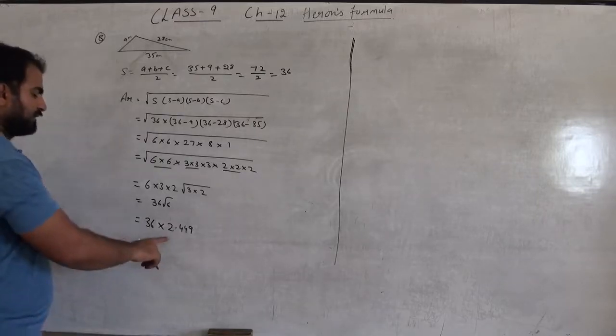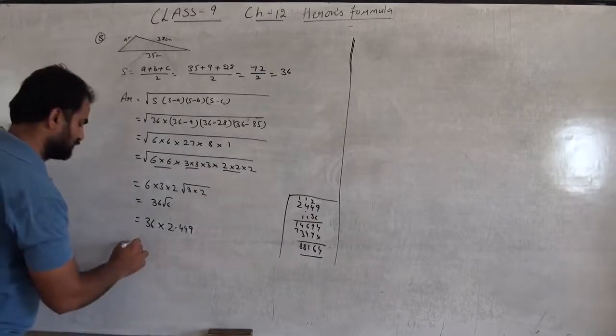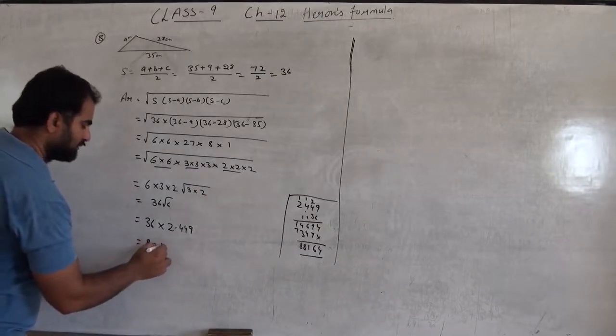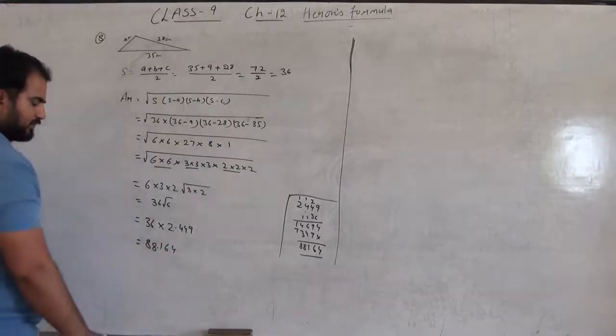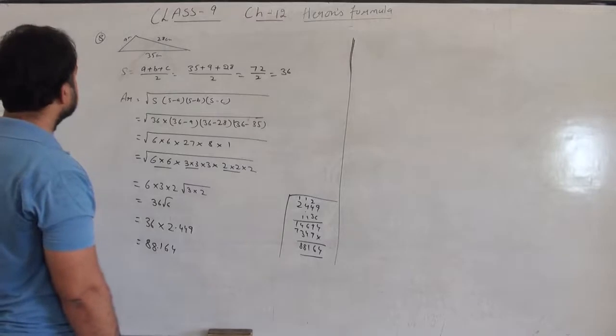Now we have to multiply this by this. So it will be 88.164 centimeter square.